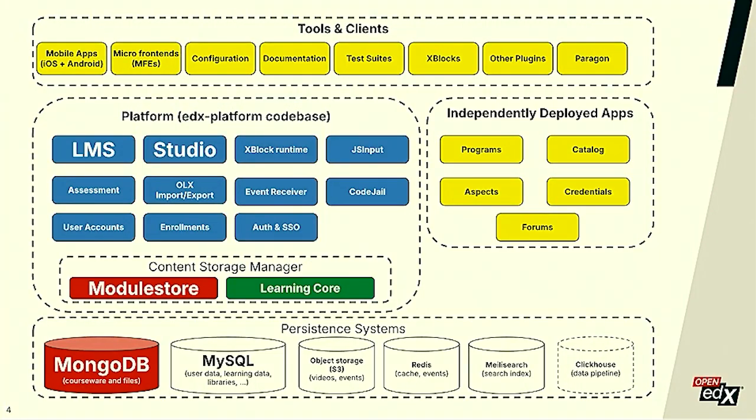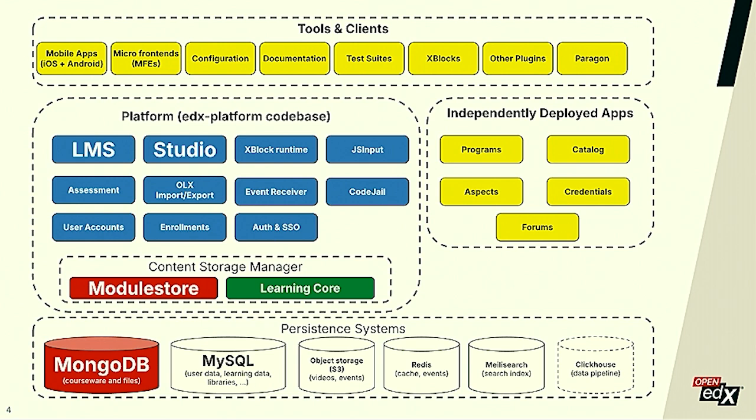For those of you who don't know, I'll just very quickly say what MongoDB is doing in OpenEdX platform. This is the architecture diagram that comes from the official OpenEdX documentation. You don't need to know most of the details here. The main important parts are, in blue, you can see the LMS and Studio, which everyone knows. They use a storage manager to store course content, which is ModuleStore, and library content, which is currently Learning Core.